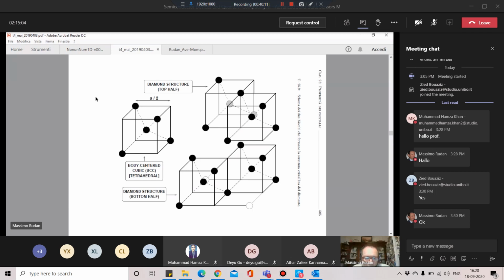There are also other electrons that are more inside, closer to the nucleus. But those that are important for us are the 4 electrons that are in the external shell. Why? The reason is that these atoms are able to form chemical bonds with other atoms, because the chemical bonds are formed by the electrons that are more external in each atom. So, the silicon atom has 4 external electrons.